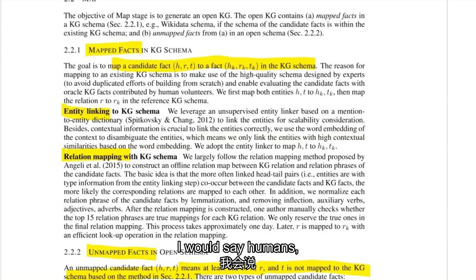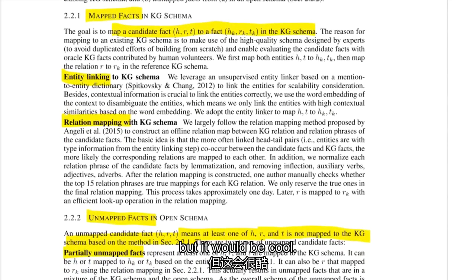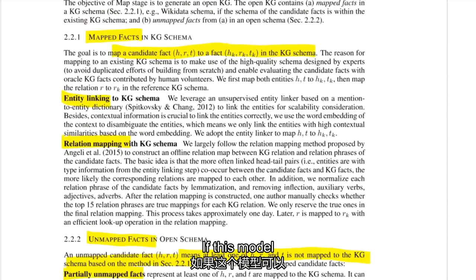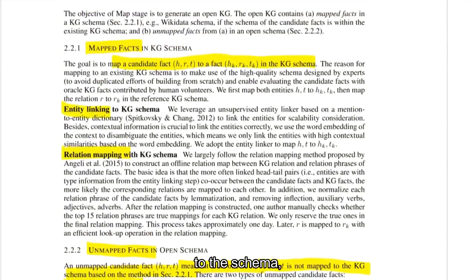Though I would say if humans construct knowledge graphs, they should probably also build negative connections, saying like, yes, it is conceivable that Elvis was a vegan, because a lot of texts talk about it, but in fact it is explicitly not. I don't think that's what we have in the knowledge graph so far, but it would be cool if this model could fill in new facts to the schema.